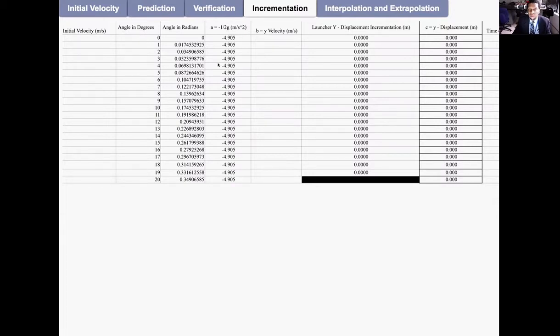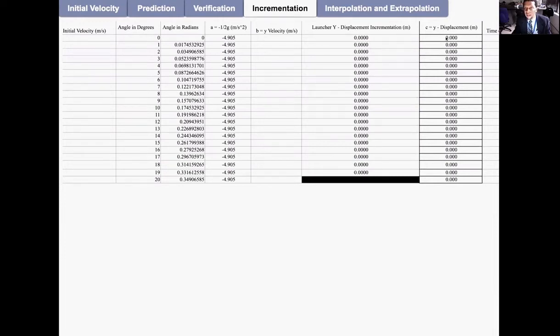And what are we incrementing? We're actually incrementing the height of the mini launcher. So the idea is, as the mini launcher's angle increases, we are able to guess that it's going to get higher by some increment here.